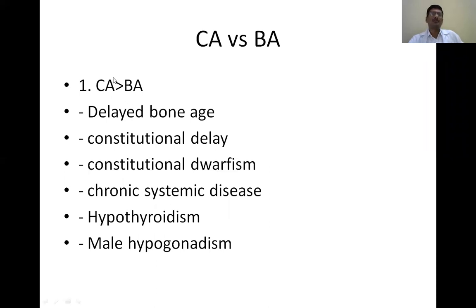Whenever the chronological age is more than the bone age, the bone age is delayed. The causes may be constitutional delay, constitutional dwarfism, chronic systemic disease, hypothyroidism, or male hypogonadism in the case of preteens.